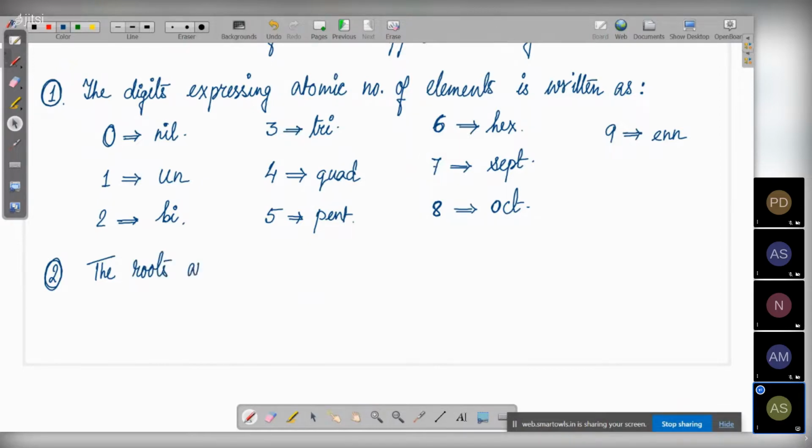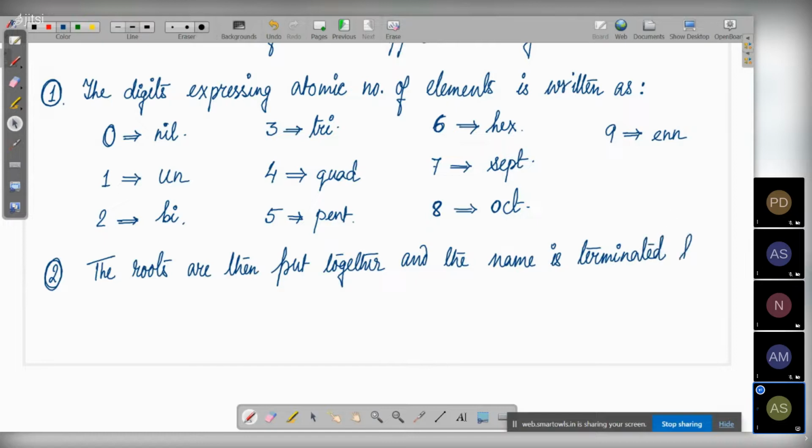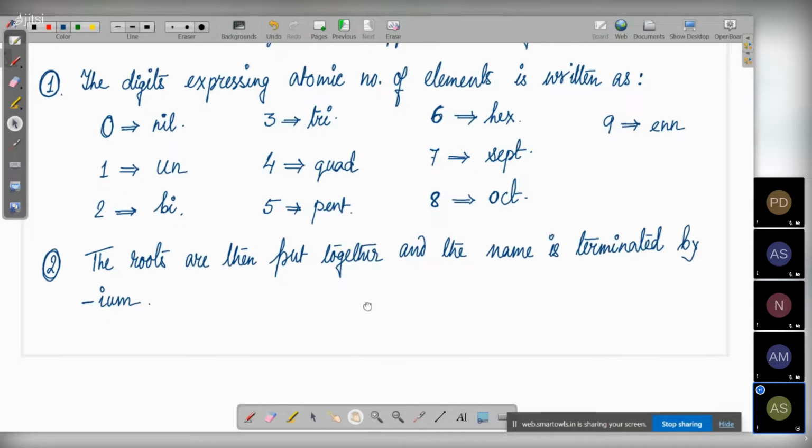The roots are then put together. And the name is terminated by ium.